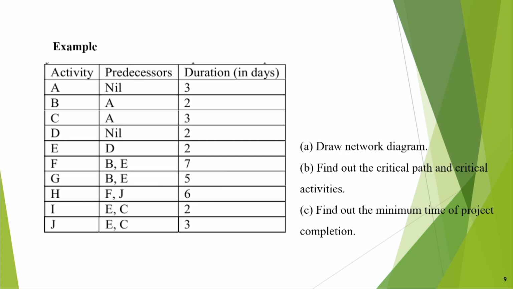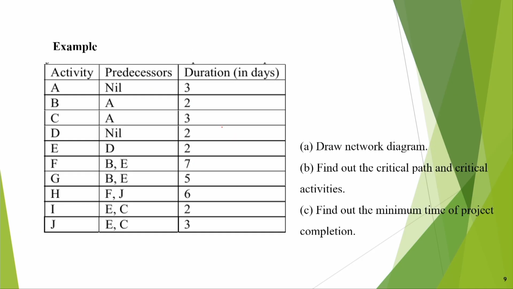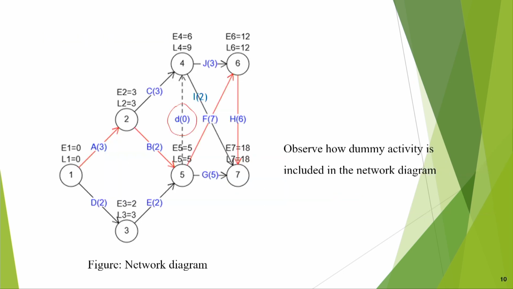And as far as H is concerned, F and G are the requisites. So, F has been made like this, and G is this one. F is going here to H. That means H activity needs F and J both to be complete.